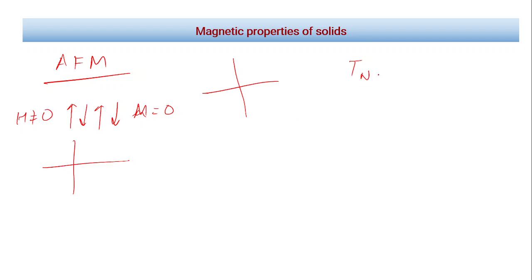The name is coined after a scientist, and above this Néel temperature the material loses its antiferromagnetism, that is, the exchange interaction that keeps these magnetic moments anti-parallel to each other gets dominated by thermal energy.